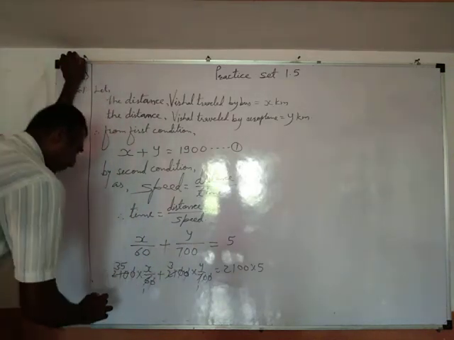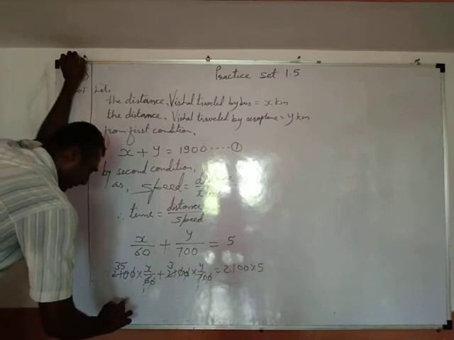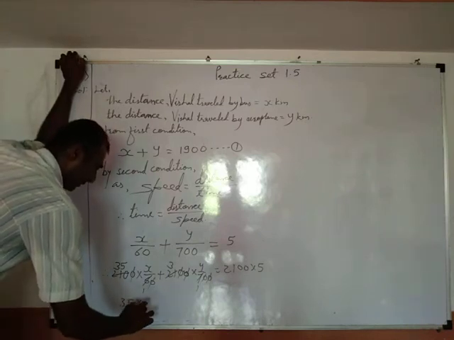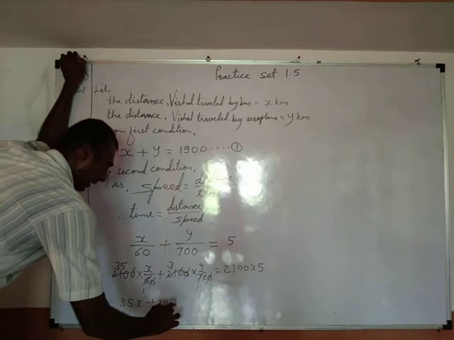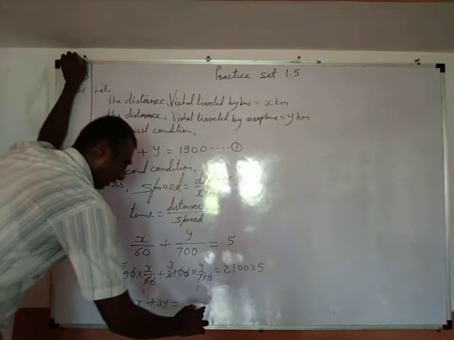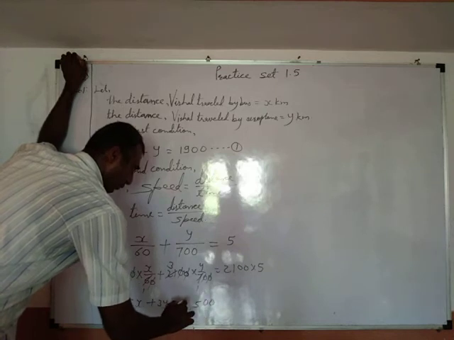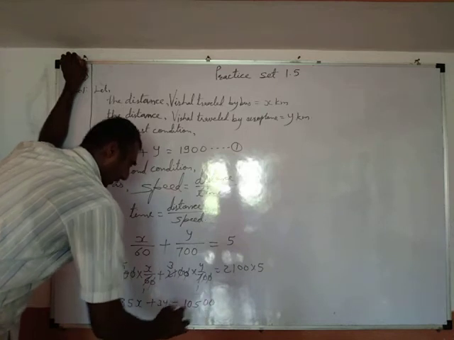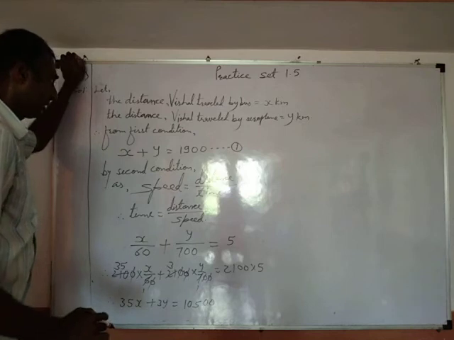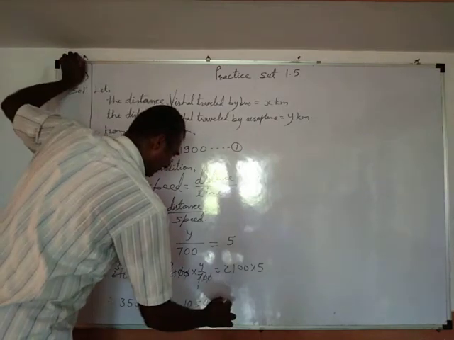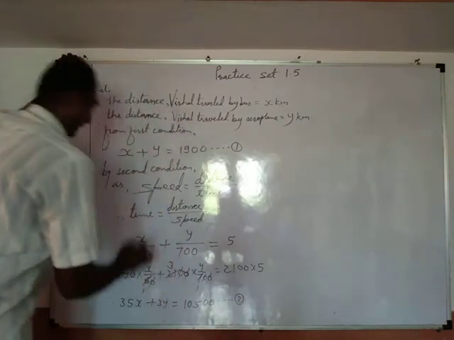Okay, and therefore this equation will be 35x plus 3y equals 10,500. 5 ones are 5, 5 twos are 10. Let's call it equation second.